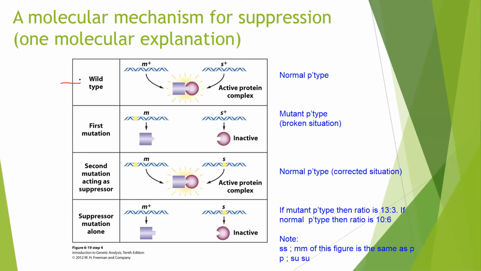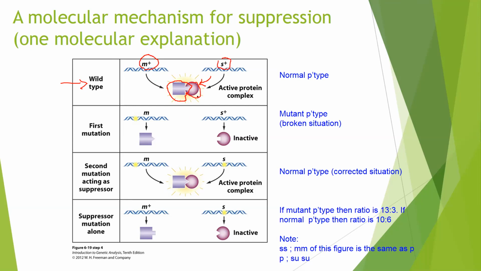Suppose this is the wild type. We have the first gene, which produces a protein with a specific shape, like here. And we have a suppressor gene, which is S. The wild type will produce a specific enzyme, and this enzyme has a special shape that can perfectly match the shape of the product from the M gene.